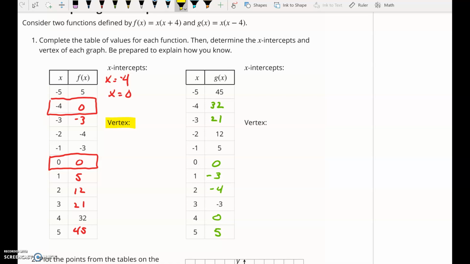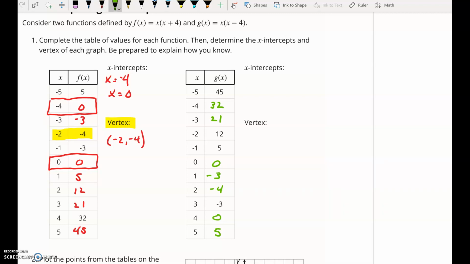My y value is getting smaller, smaller, smaller, then it starts getting bigger. Where it changes direction, that's going to be my vertex, and that happens to be -2, -4. So that is the vertex. We'll be able to tell better when we get this on the graph. So those are my guesses.